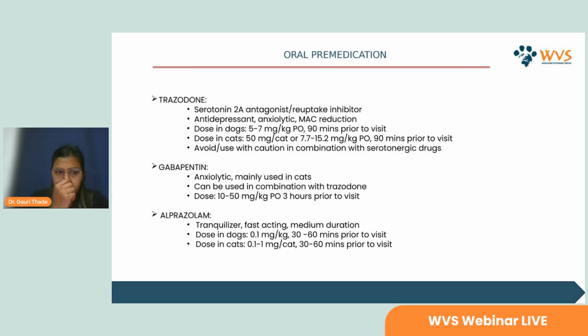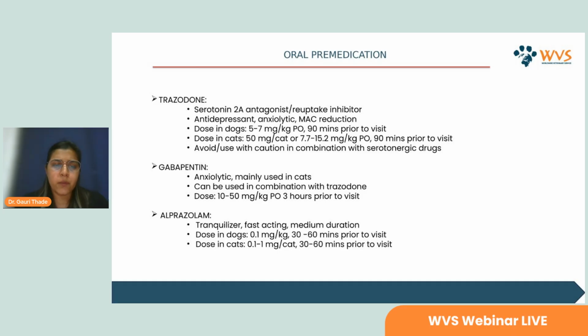The doses mentioned here are only for one-time use prior to a visit to the vet. Trazodone as a drug for long-term use has a different dosage. It is to be avoided or used with caution in combination with drugs that are serotonergic, like metoclopramide or fluoxetine, amitriptyline, because that can cause serotonin syndrome.